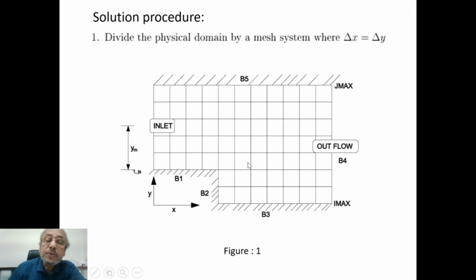The geometry looks very simple, but it can be related to many geometries of practical interest, starting from combustion to several other applications. Number two, this geometry has been accepted as a model geometry for benchmarking the flow.